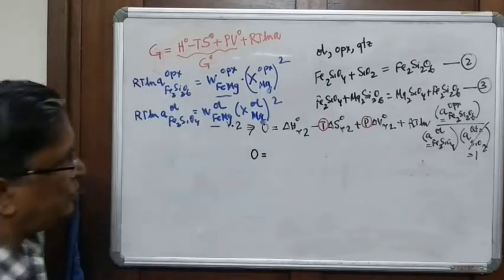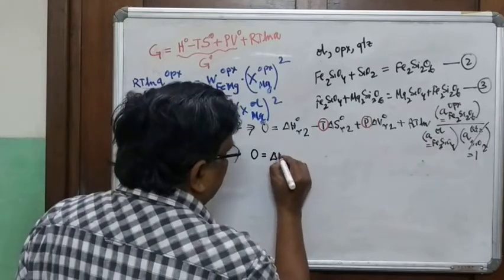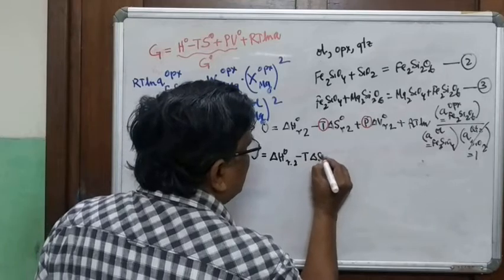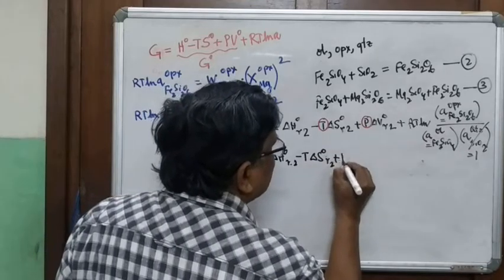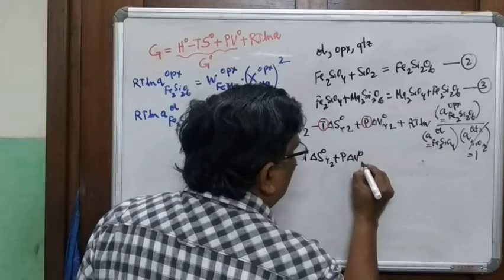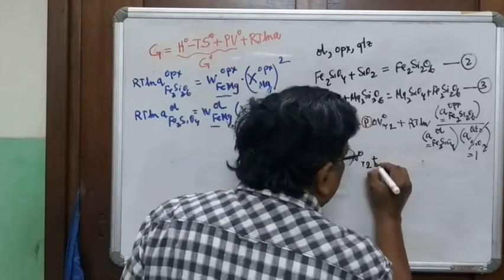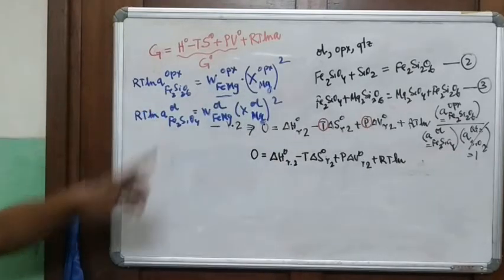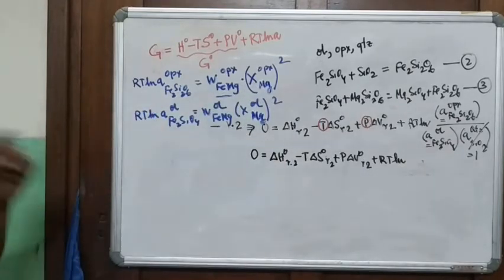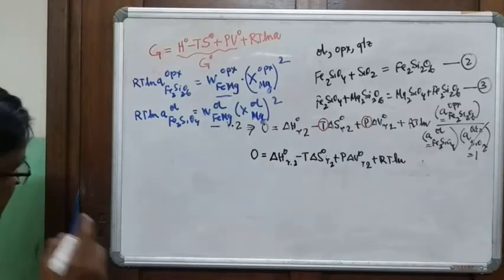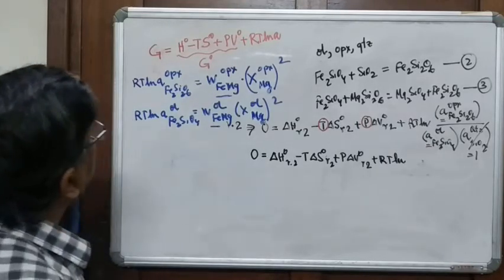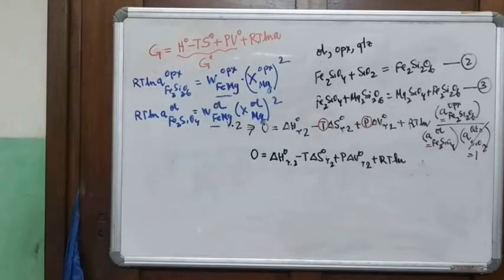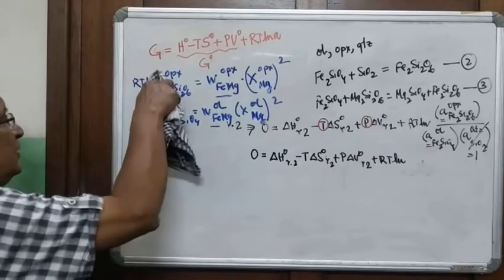Zero is equal to del H0 R2 minus T del S0 R2 plus P delta V0 R2 plus RT ln. Now you see what I'm writing. Okay, I think, no, I'm sorry, here I just made a mistake. Sorry. Hang on.